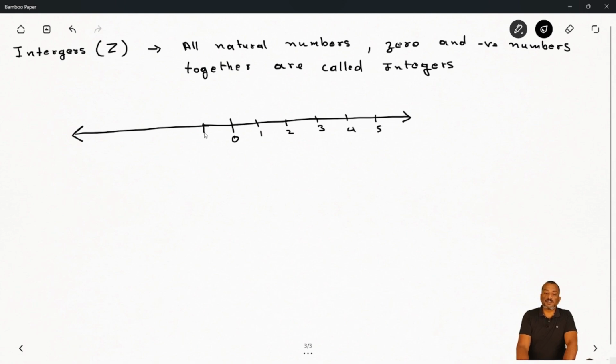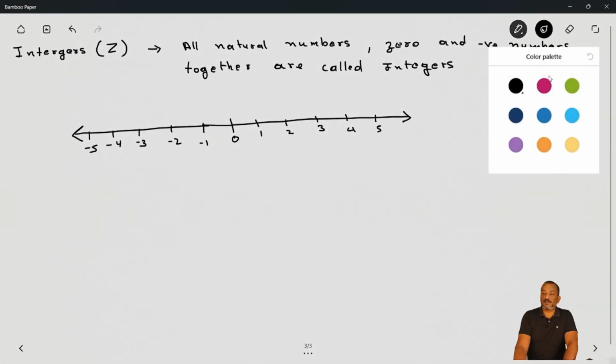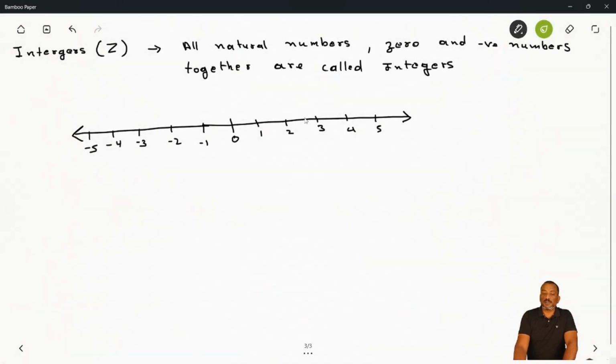Okay, and then negative 1, negative 2, negative 3, negative 4, and negative 5. ठीक है, तो you can see here, if I talk about from 1 to plus infinity, this will go up to plus infinity, these are positive integers.